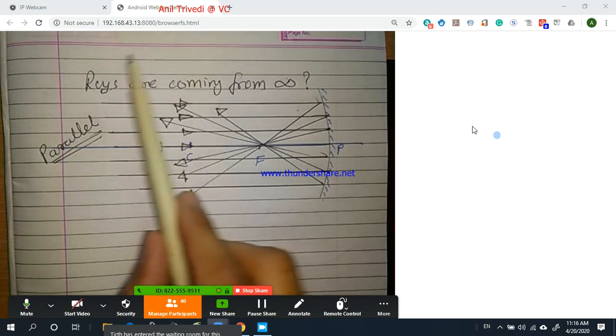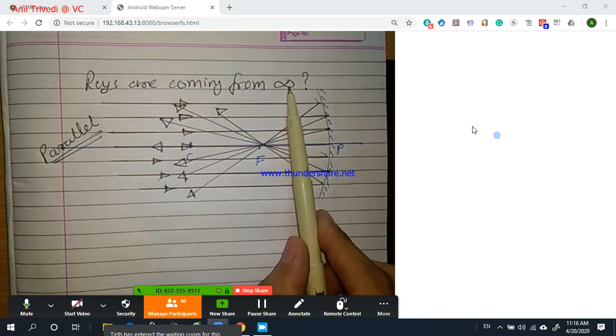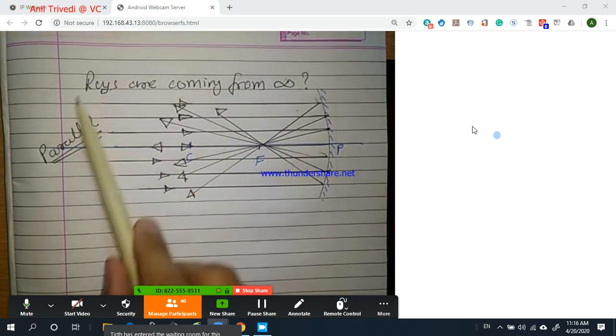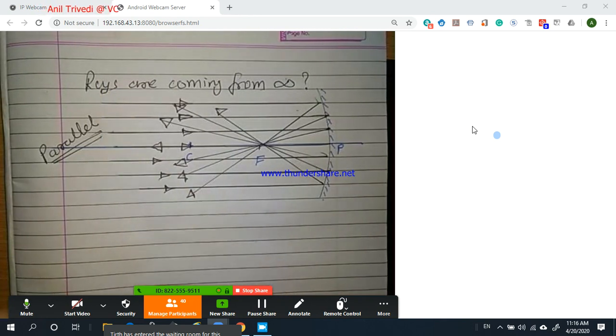I'm asking this question: rays are coming from infinity, how do we know? The answer is somewhere on this page. Because the rays are parallel. And those who are not acquainted with using Zoom, there is an icon on the left hand side of the screen which is mute and unmute. So give an answer and again mute it back.